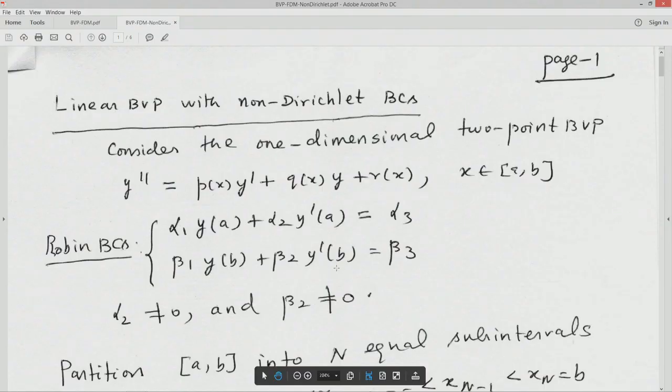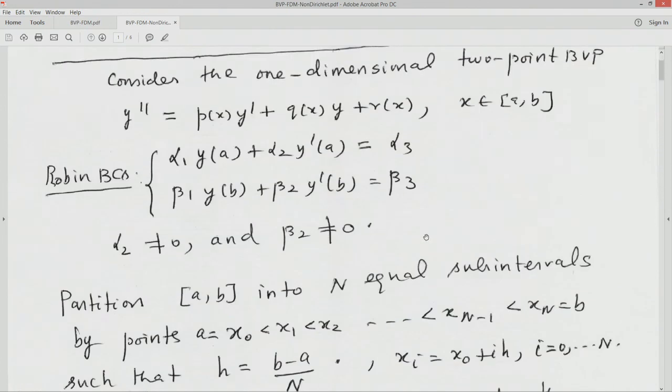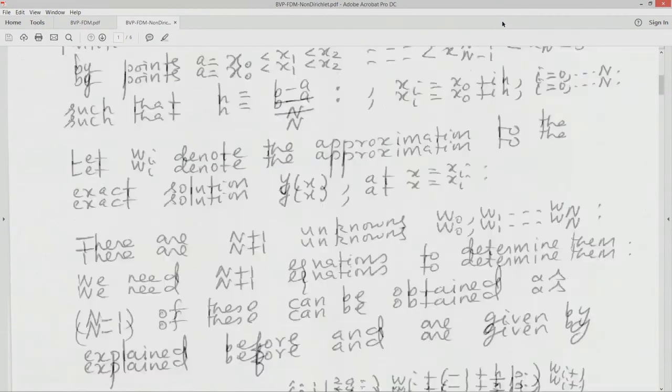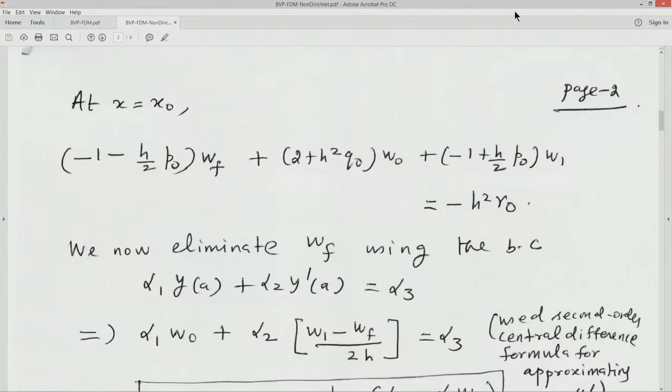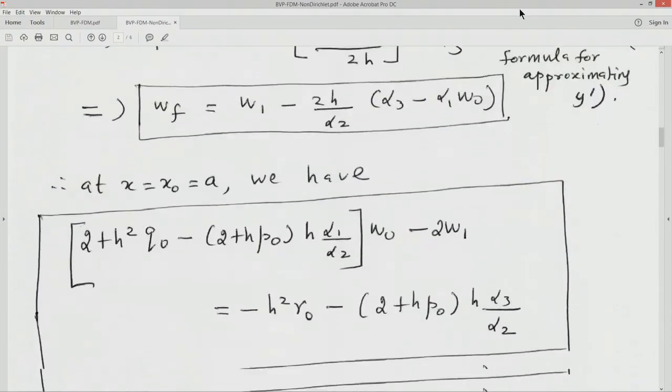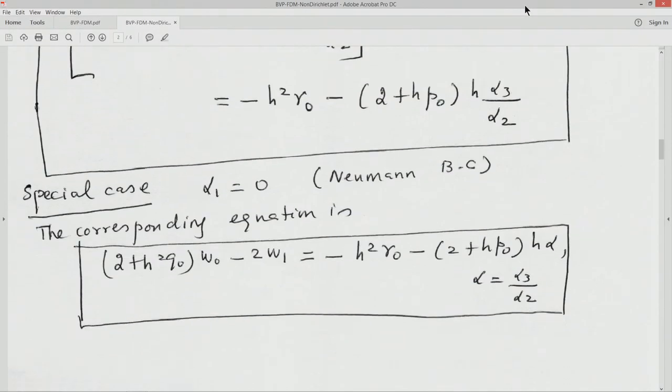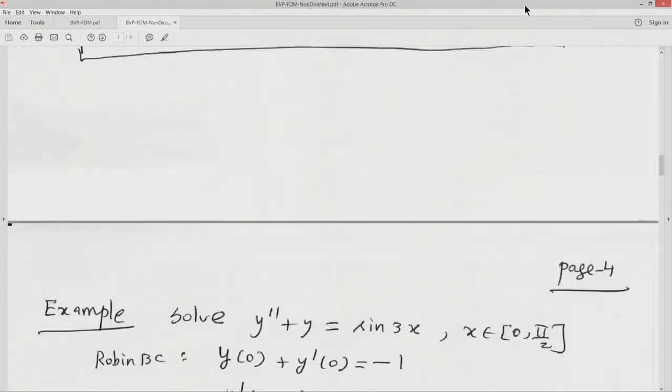So, replacing y prime b in that way, the equation that should be incorporated as the last equation in the algebraic system will be obtained by substituting for w n plus 1 obtained from this boundary condition. So, we have the following system when we complete doing all this, which when solved will give us an approximate solution.